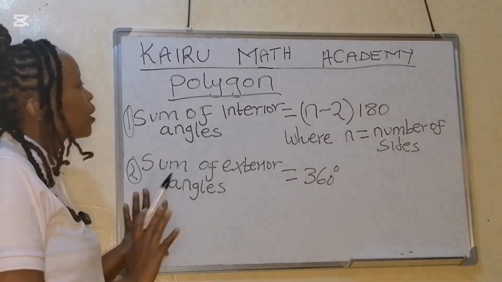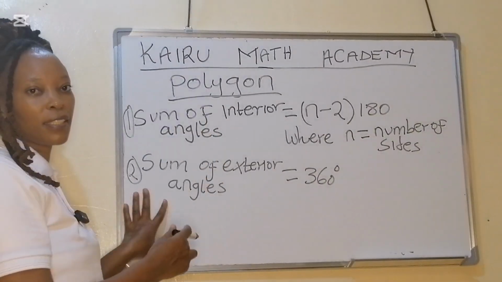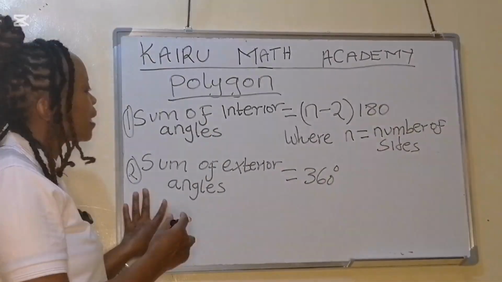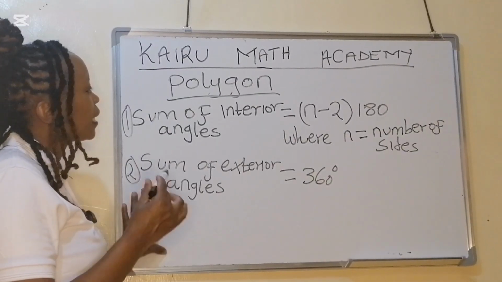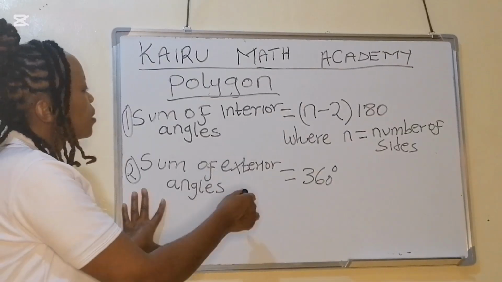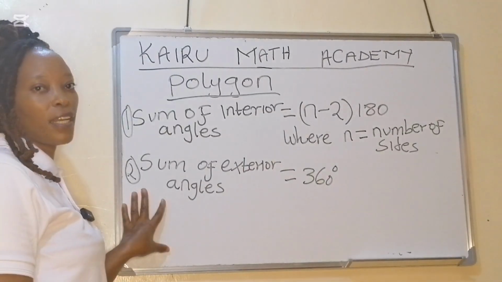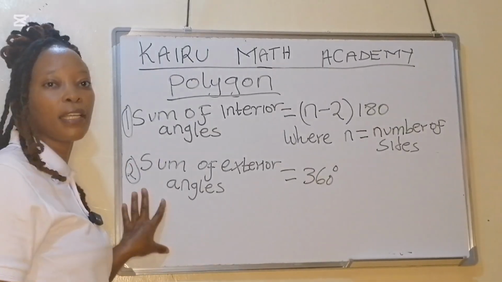So before you tackle any question on polygon, write these 2 formulas. And you will see that you will not fail any question on polygon. Don't start answering a question on polygon and you have not written these 2 formulas first. And you know which one to use according to the information you have been given.